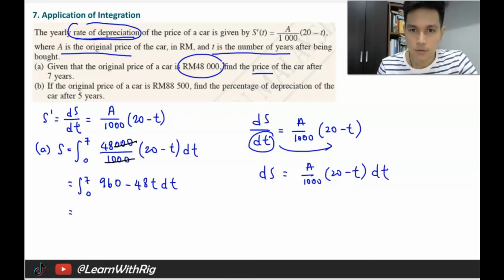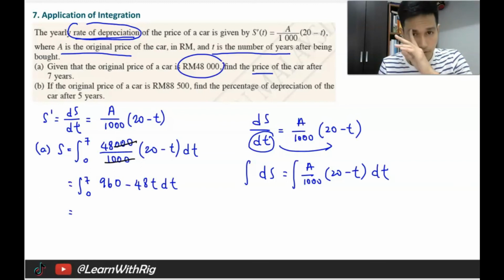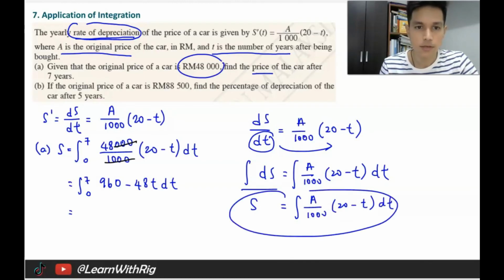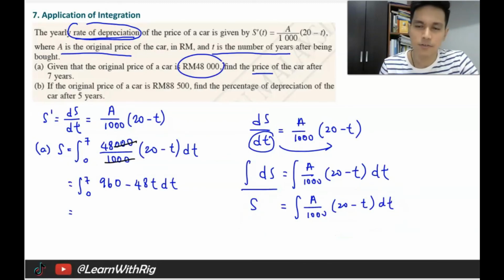When you integrate this dS here, you get S equals this. So that's what I got here. For those who are wondering, this is the reason. Now let us continue.